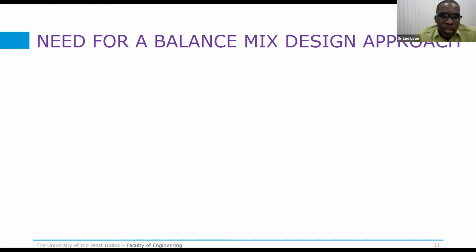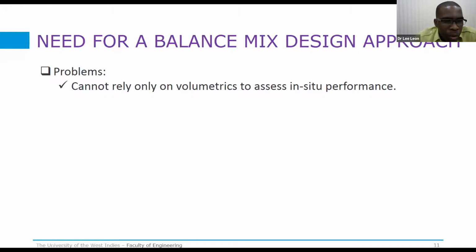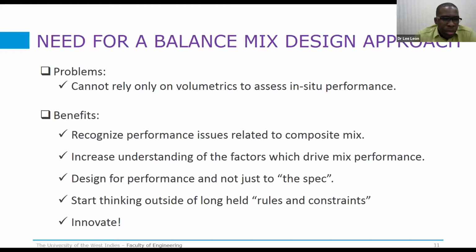So why the need for a balanced performance-based design framework? One, the problem is we cannot rely only on volumetric properties to inform us on the in-situ performance of a flexible asphalt pavement. And the benefits of the new approach: it recognizes the performance issues related to the composite mix, increases the understanding of the factors which drive mix performance, designs for performance not just to the spec, and starts thinking outside the long-held rules and constraints of the volumetric specification.